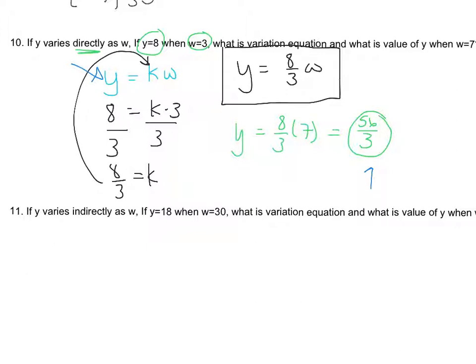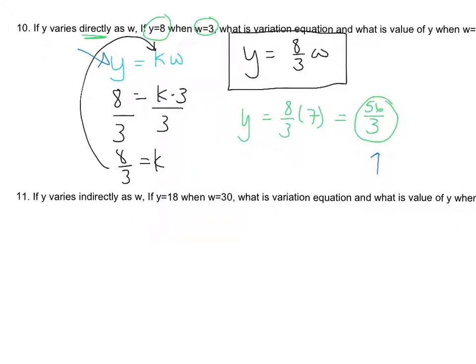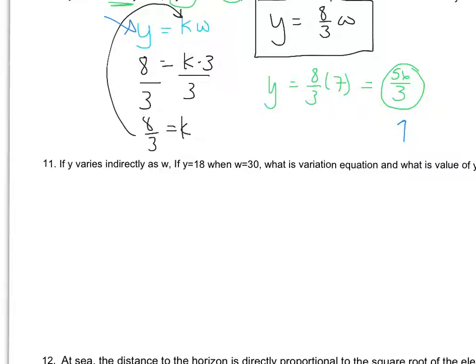Now 11 talks about something that's similar, just a little different, because instead of directly, it's going to say indirectly. This could also sometimes say inverse. Indirectly or inverse always means y equals k divided by, in this case, w. But then the process is very similar. We're going to plug in, we're going to find k, we'll have our equation.